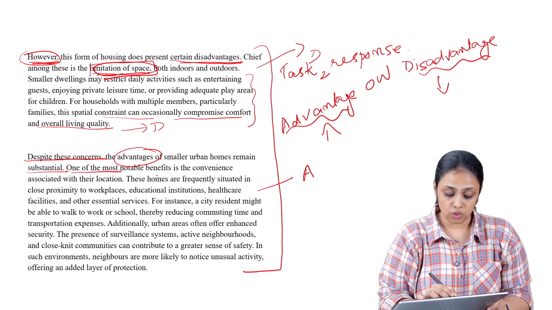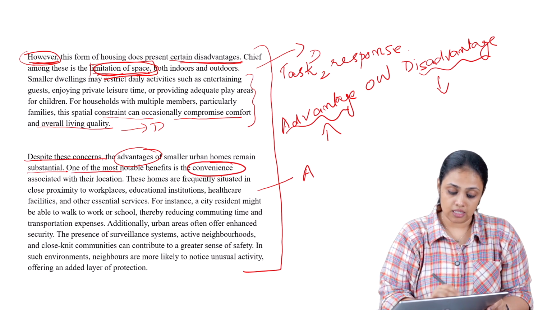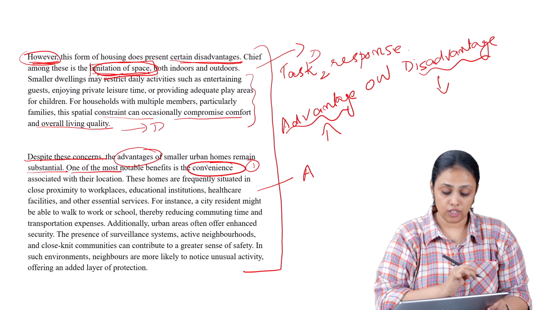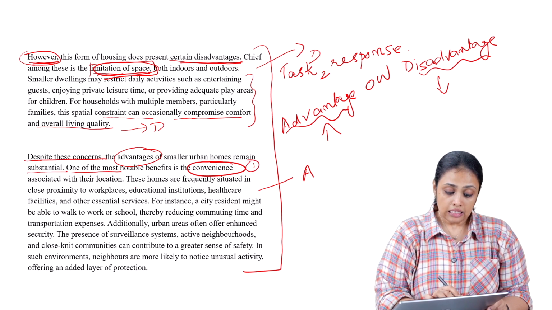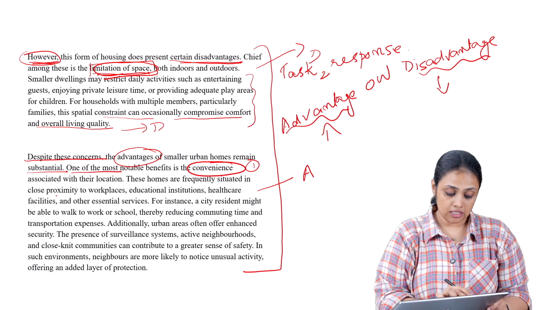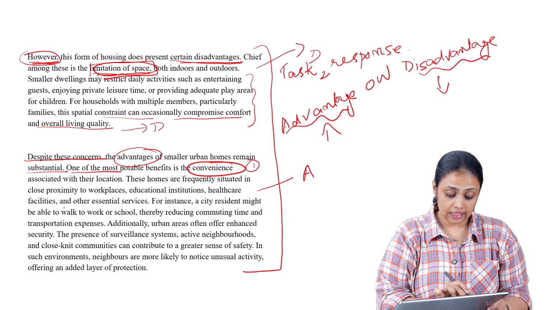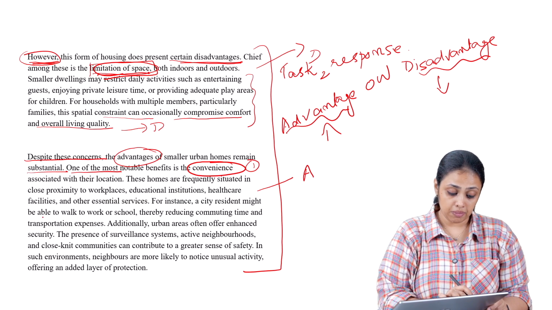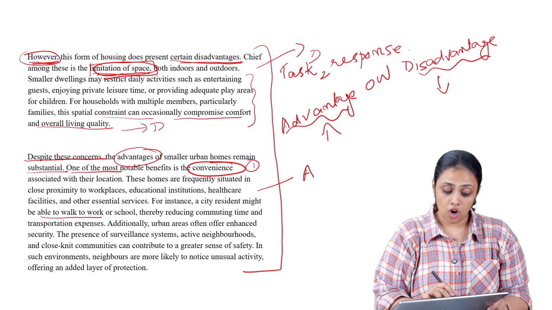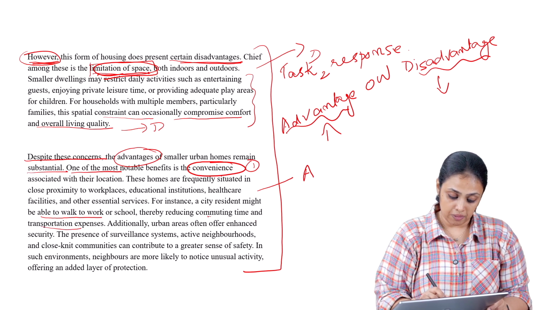"One of the most notable benefits is the convenience." So that is the first advantage that you put in, and then you're expanding on that. "These homes are frequently situated in close proximity to workplaces, educational institutions, healthcare facilities, and other essential services. For instance, a city resident might be able to walk to work or school, thereby reducing commuting time and transportation expenses."